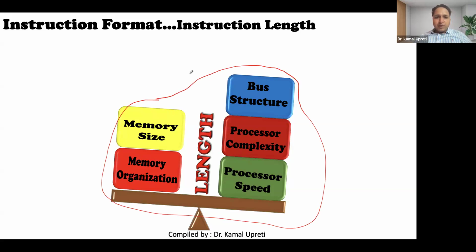We have a memory organization. And for maintaining the length, two ratios exist, memory size versus memory organization, and it has a length that involves the bus address, processor complexity, and processor speed. So it is a proper format which is executed for instructions.